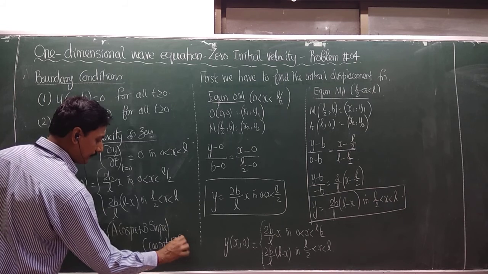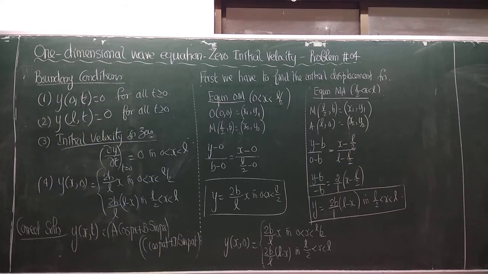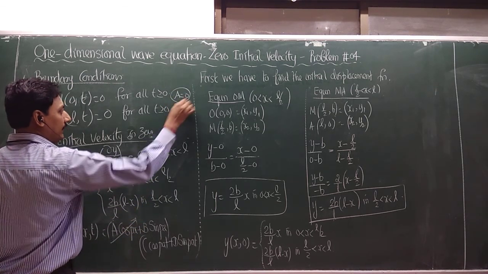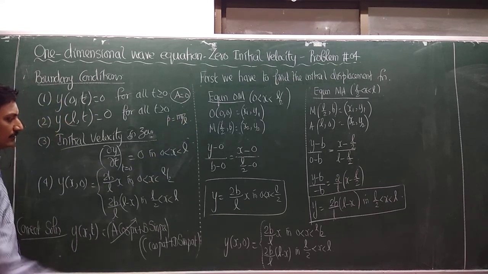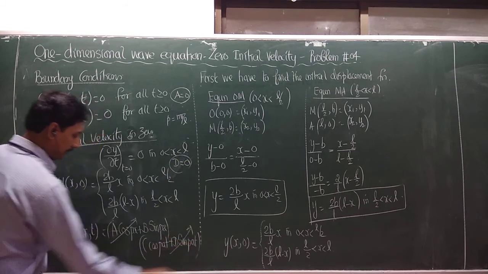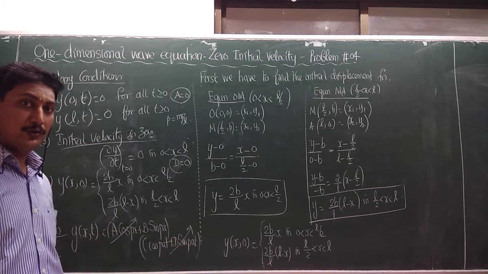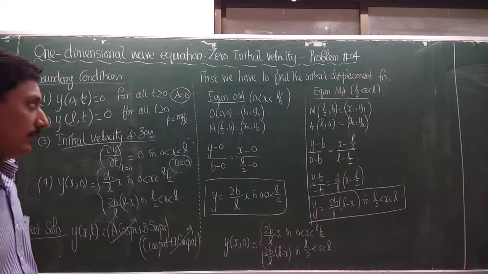Once we apply the first boundary condition, we get a equal to 0. We apply the second boundary condition, we get p equal to n pi by L. We apply the third one, we get d equal to 0. Please kindly watch the previous videos, problems 1, 2, 3. There we derived the same thing.